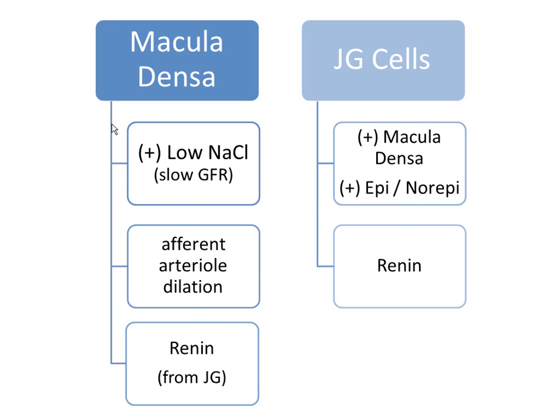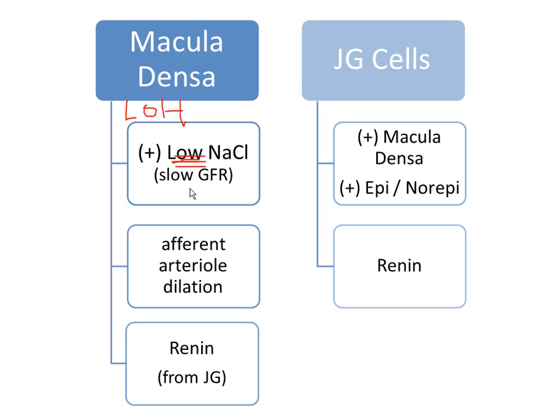All right, macula densa cells we saw are on the ascending loop of Henle. You know, that's the part of loop of Henle that pumps salts. So what these cells do is they monitor the salt concentration in the filtrate. If the salt concentration in the filtrate is low, that tells these cells that the filtration rate is much too slow.